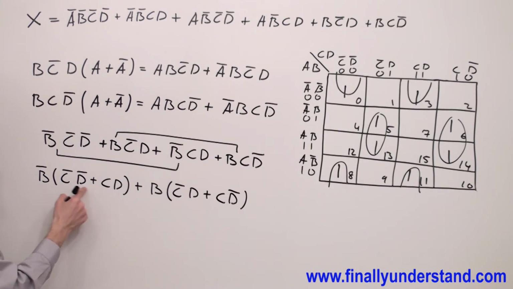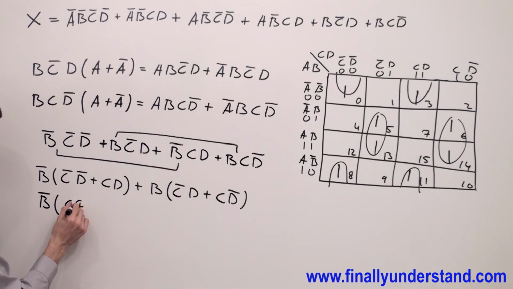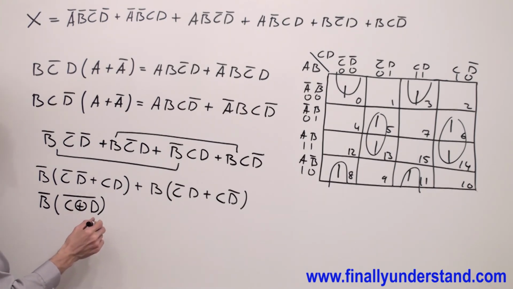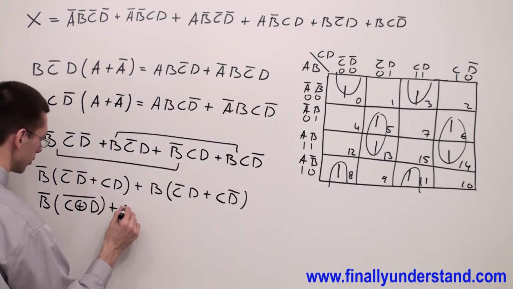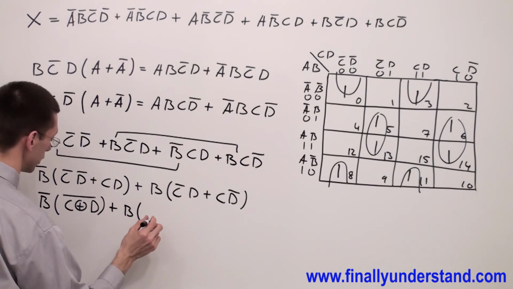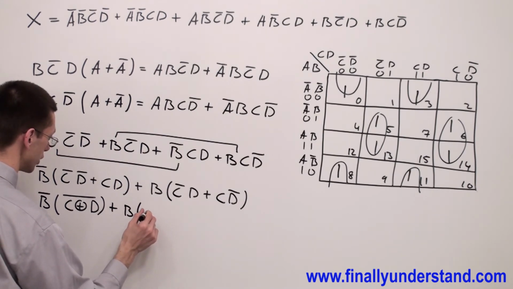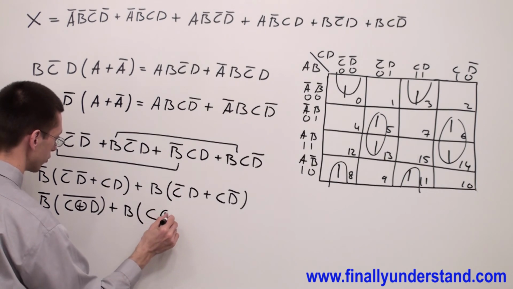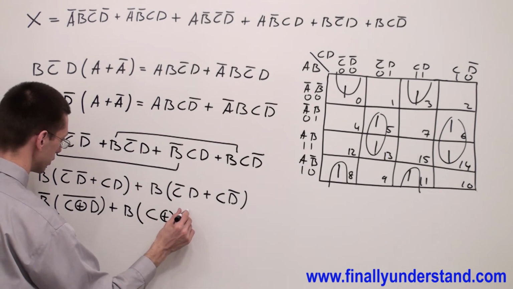This is exclusive NOR. I have b naught, c exclusive NOR d, or b, c exclusive OR d.